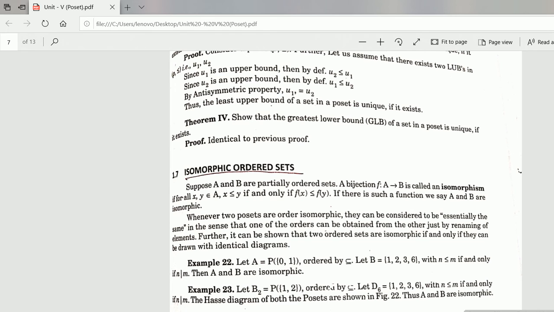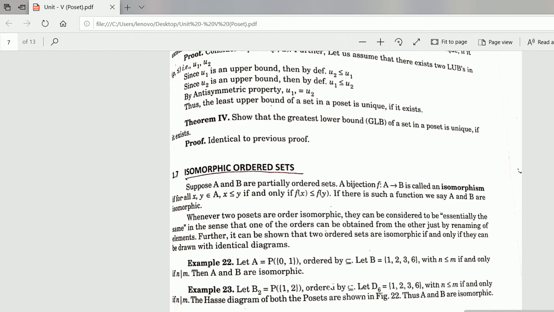Isomorphic ordered sets once again. Suppose sets A and B are partially ordered sets, that means two posets. You have to keep in mind what posets are.